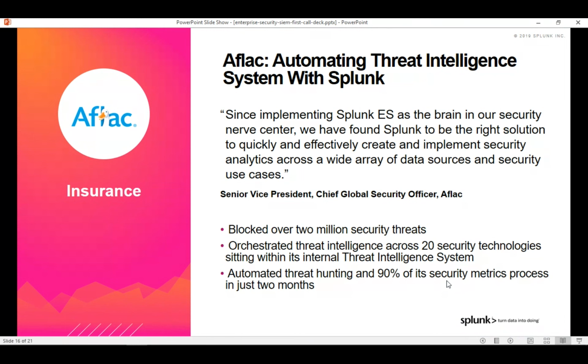Basically, they integrated all their threat intel sources with Splunk ES and used it as a threat intel management system, and they automated their threat hunting and reduced 90% of their security metrics process in just 2 months. So they made Splunk ES their brain, to integrate all the threat intel systems and make it more intelligent for their SOC solution.